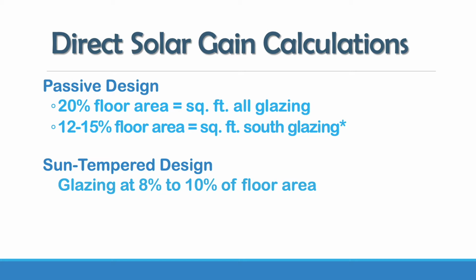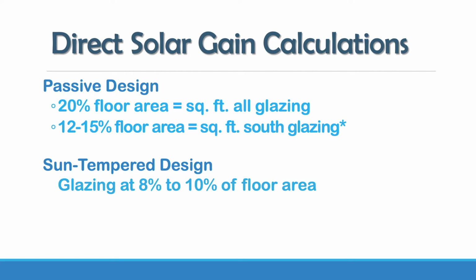If you have the glazing all around, it's going to be less effective. Ideally, for a passive design, you have 12 to 15% of that area as south glazing, and that would leave about 5 to 8% for use on the other walls.